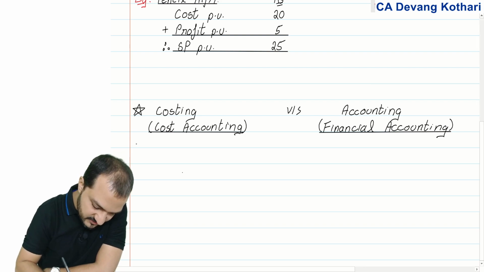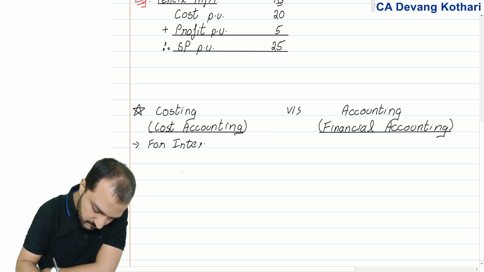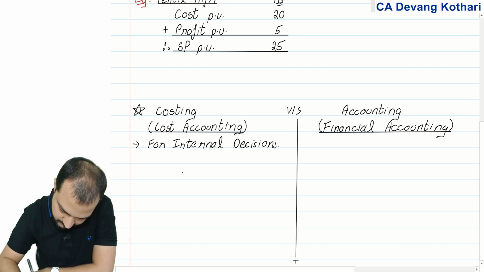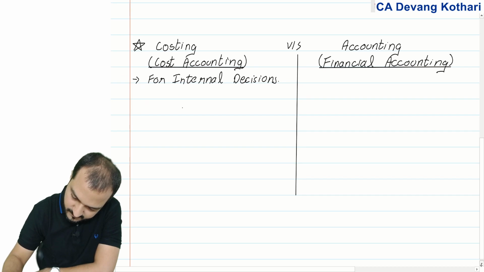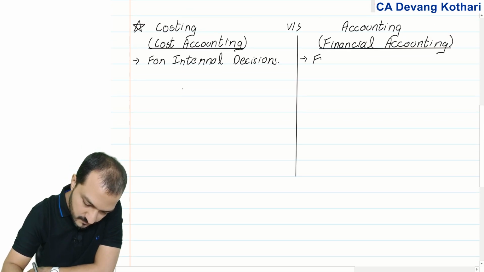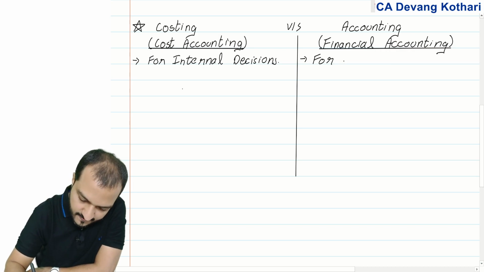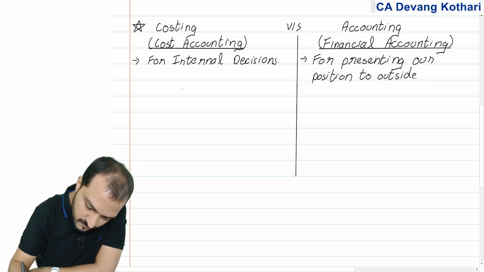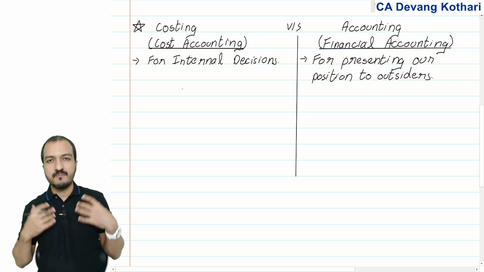So what's the basic difference? The first difference is that costing subject is for internal decision making, while accounting subject is for presenting my position to outsiders.